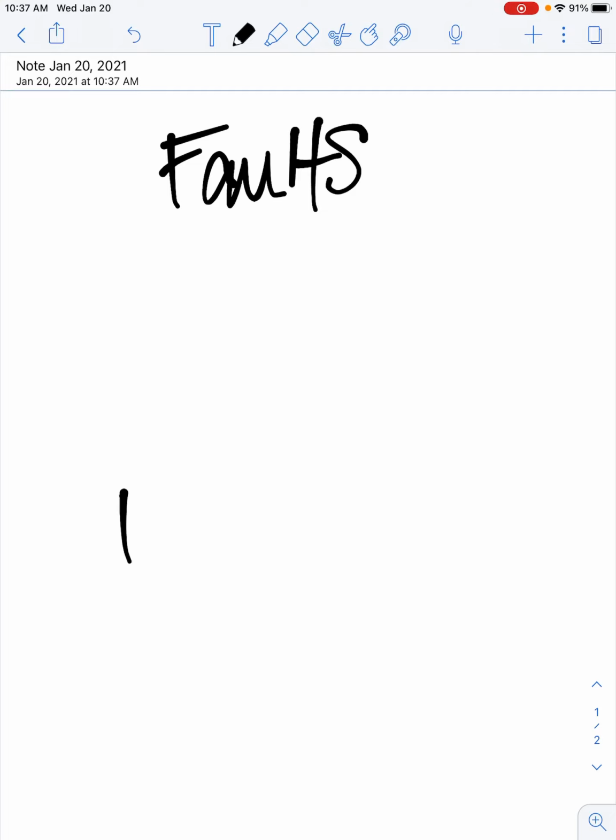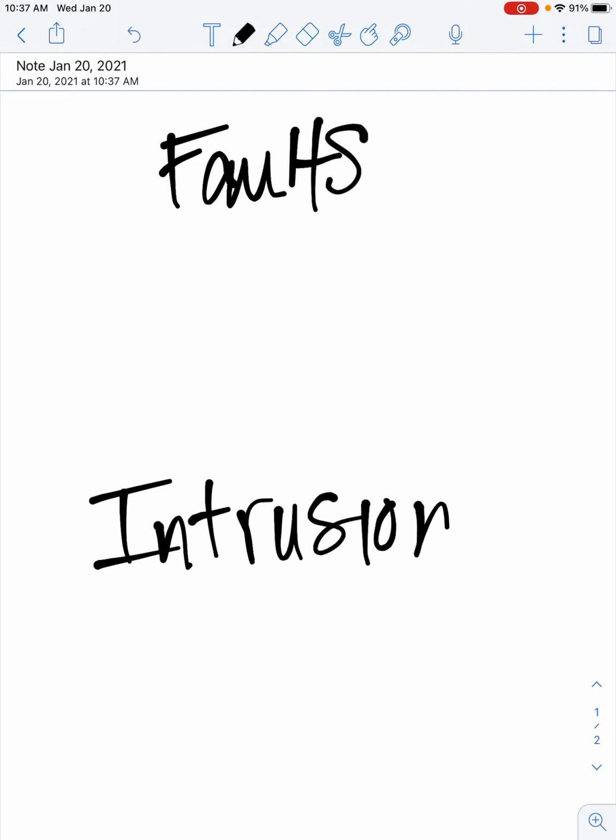And the two types are faults and intrusions. You have to understand that before you have rock layers, you cannot have a fault or an intrusion because the rock layer is not there.